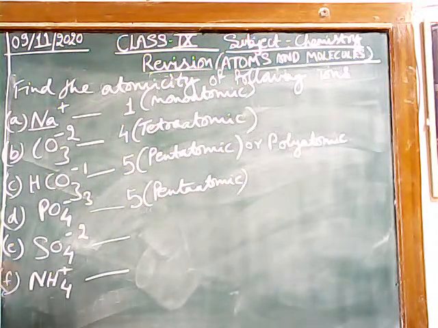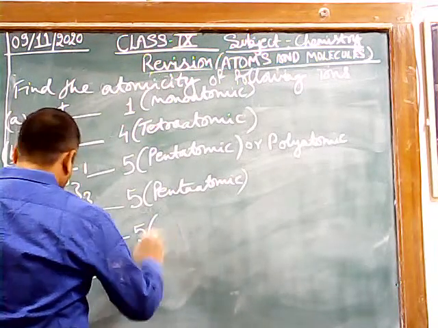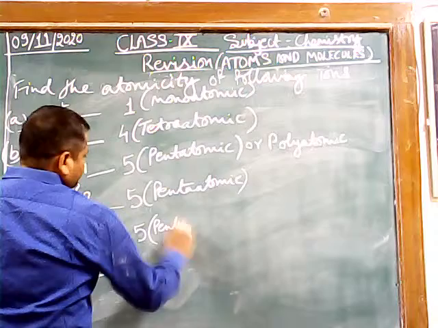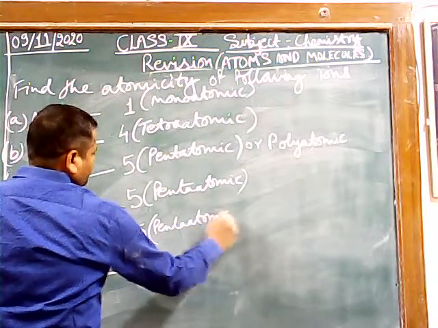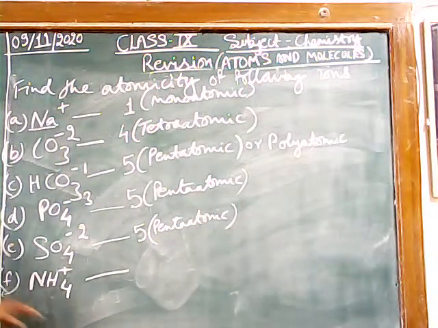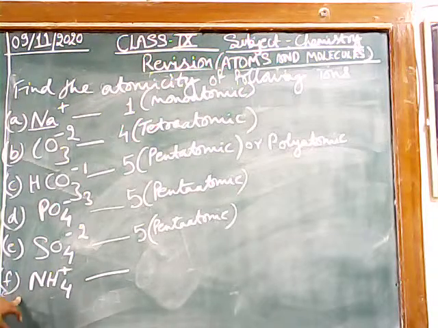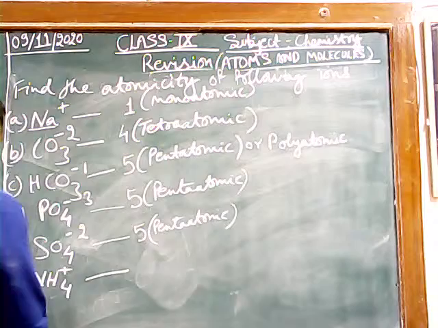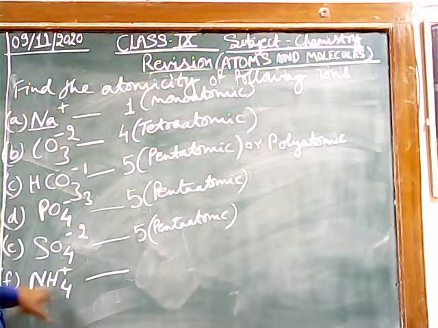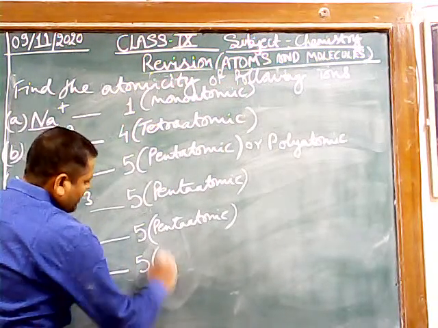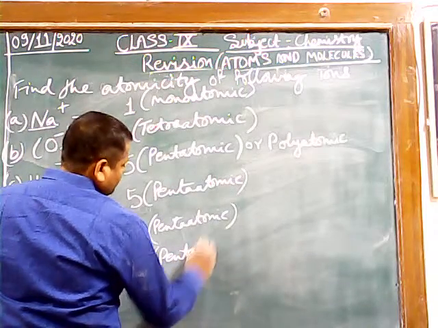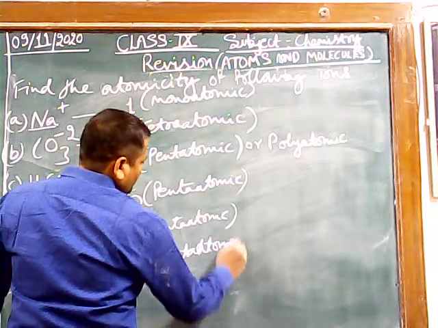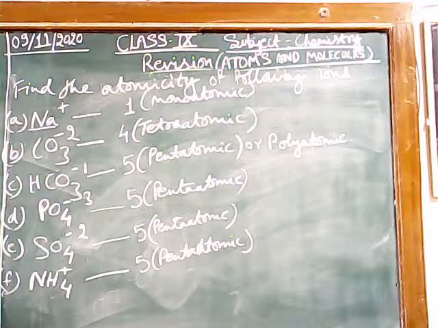What is the atomicity of sulfate ion? 1 plus 4 is equal to 5. This is again pentaatomic. And what is the name of this ion? This is ammonium ion. And what is the atomicity? 1 plus 4 is equal to 5. Again pentaatomic. Okay? Note down. All of you please note.